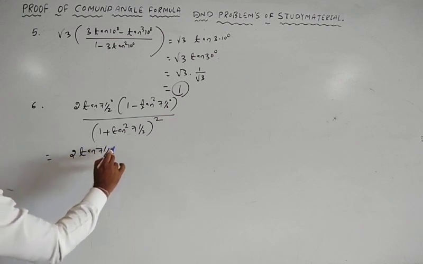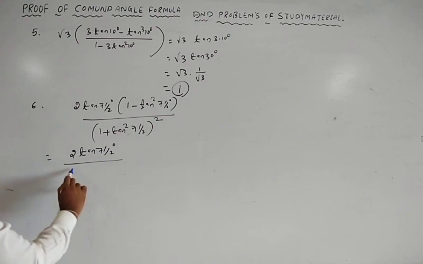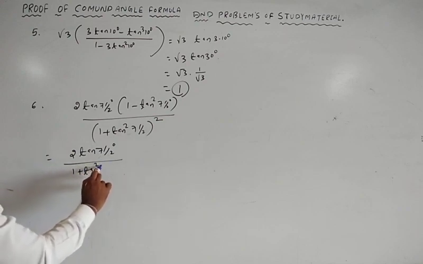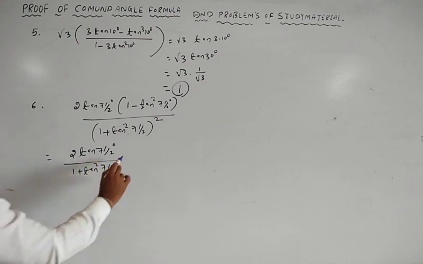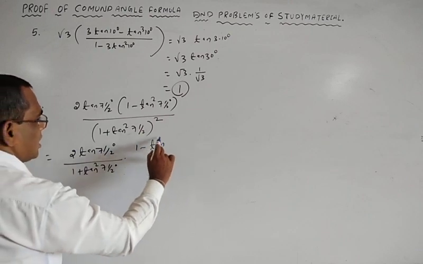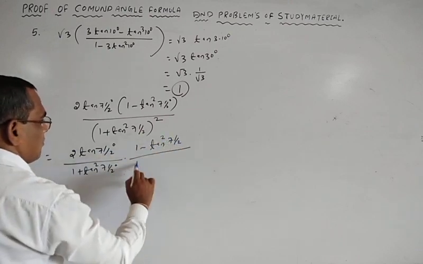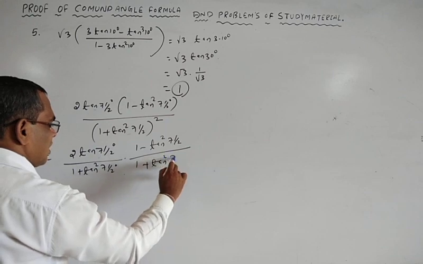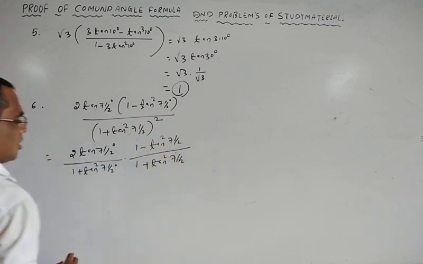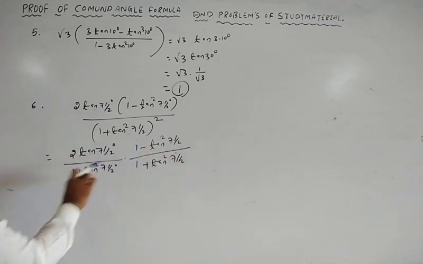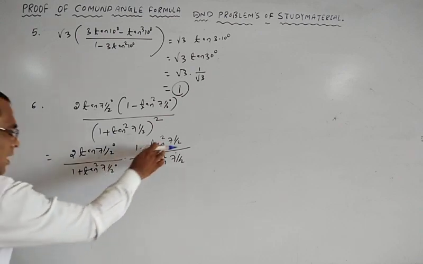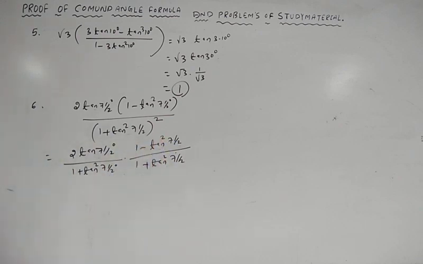Okay, so this is equal to 2 tan 7½ degree by 1 plus tan² 7½ degree, into 1 minus tan² 7½ degree by 1 plus tan² 7½ degree. So 2 tan A by 1 plus tan² A is sin 2A, and 1 minus tan² A by 1 plus tan² A is cos 2A.